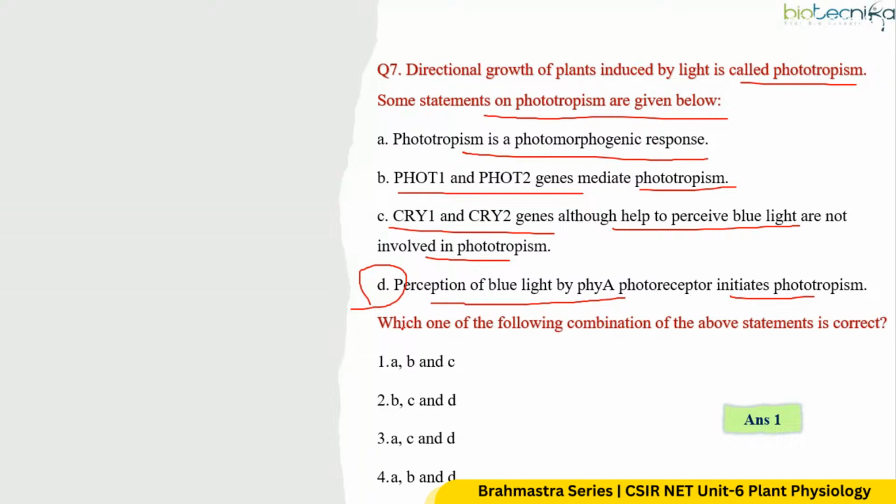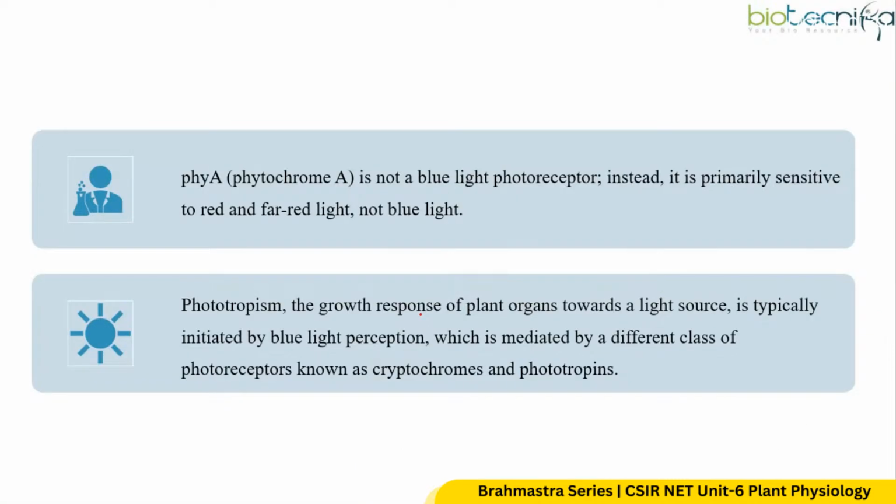Does anyone know the explanation? Okay, see, check it out. Phytochrome A is not a blue light photoreceptor. Instead, it is sensitive to red and far red light, not blue light.